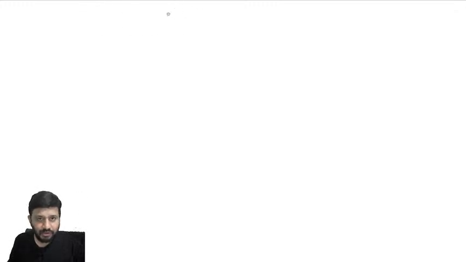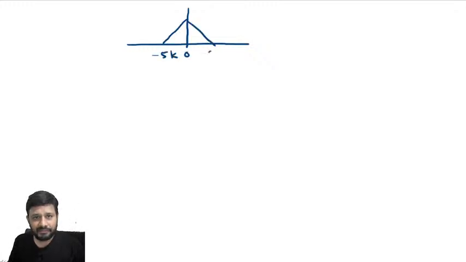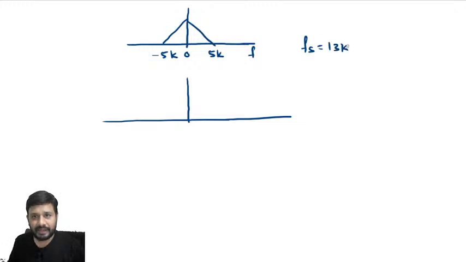Look here. Always try to analyze the problem in different ways. Now this is minus 5k to 5k, my original signal. What happens if I sample this at Fs equal to 13k?